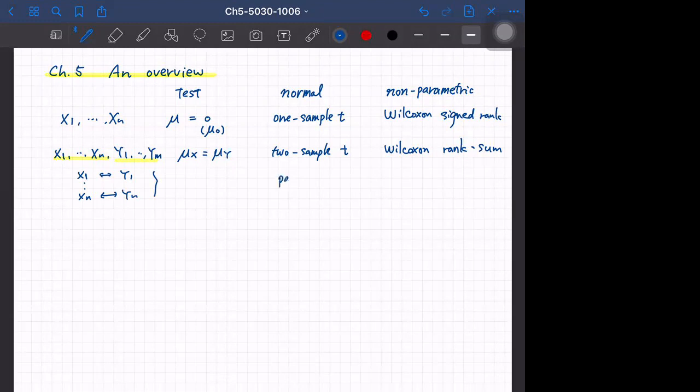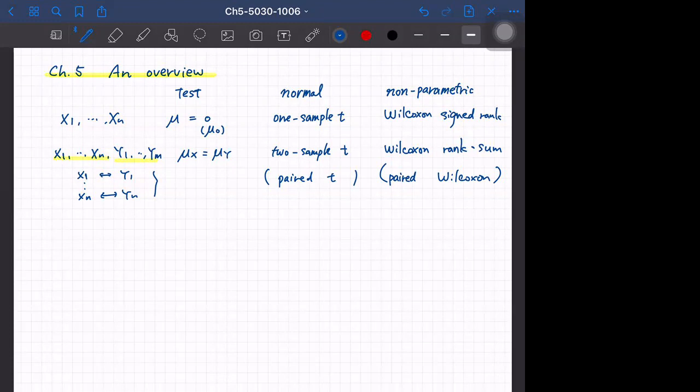That is the paired t-test, and also the paired version of the Wilcoxon test. We don't really discuss this, and it is not that important either, but we discuss it briefly in section 5.6.